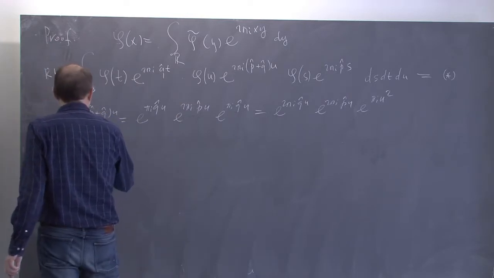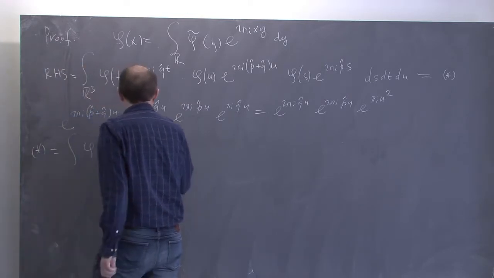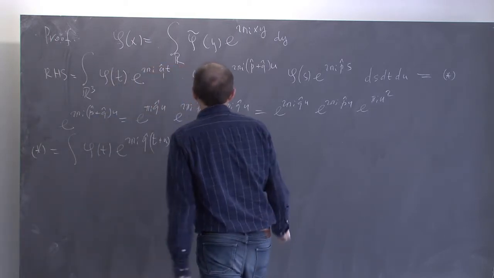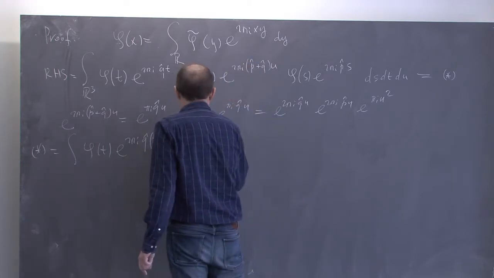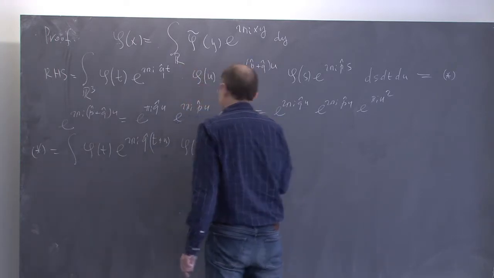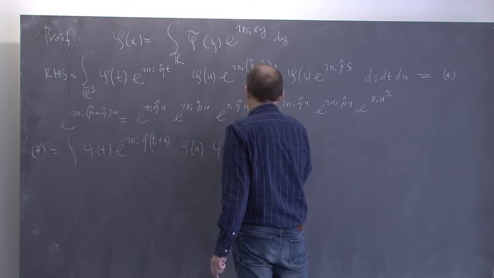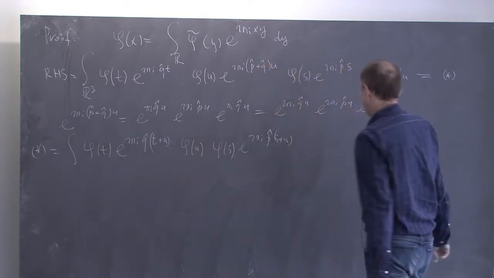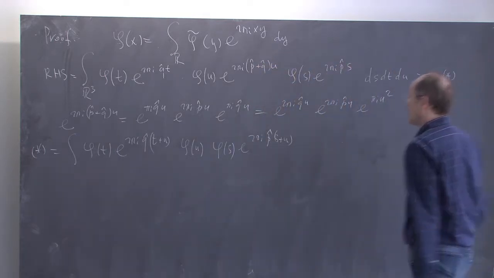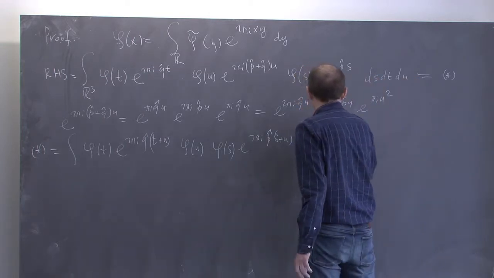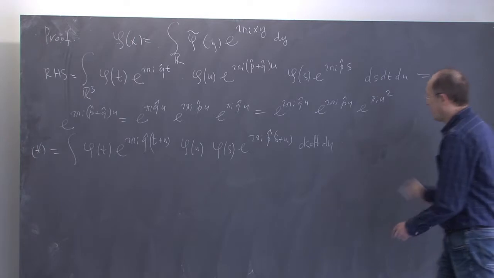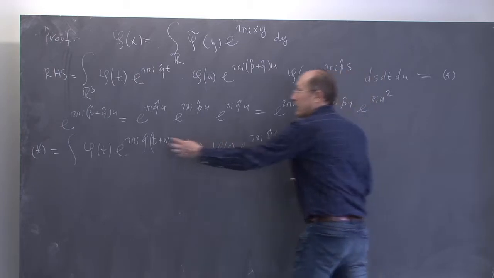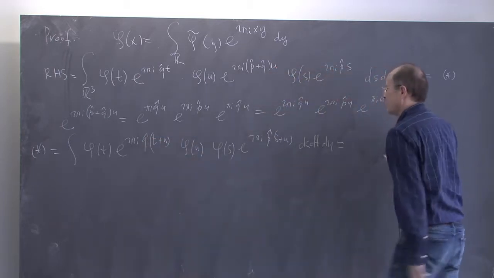We get phi of t e to the 2 pi i q hat (t plus u), phi of u, phi of s, e to the 2 pi i p hat (s plus u), and that's it, ds, dt, du. And the last thing we do here, we shift t by minus u and s by minus u to clear up the coefficients of q hat and p hat.